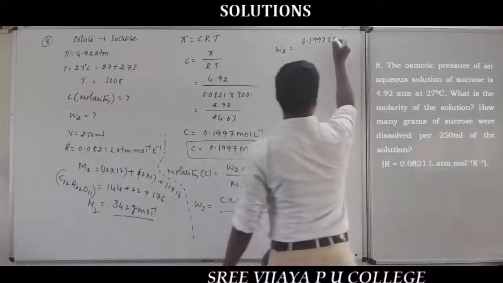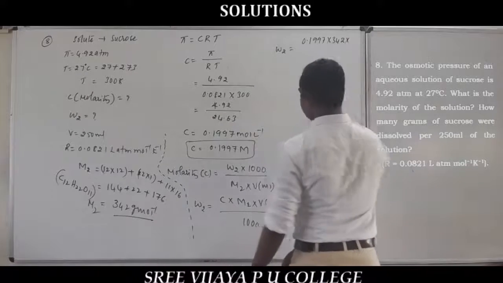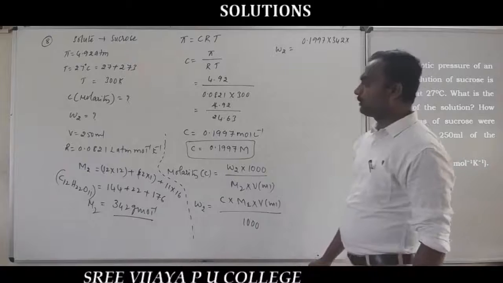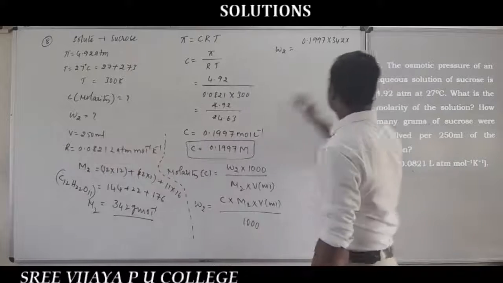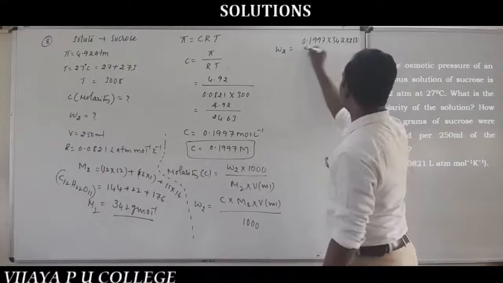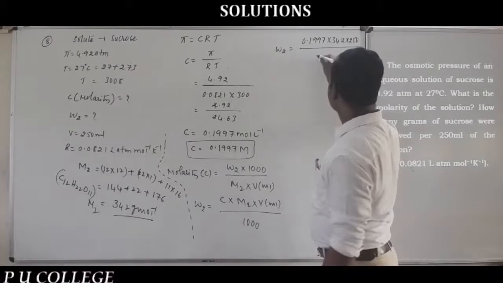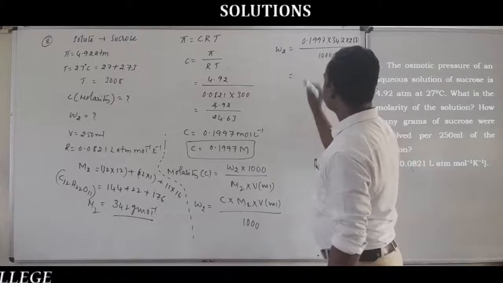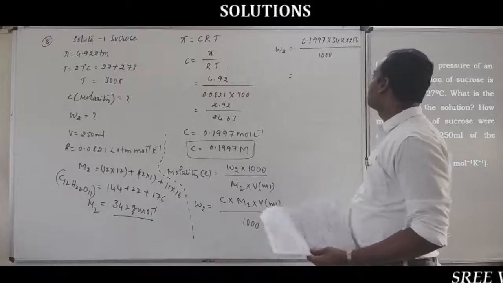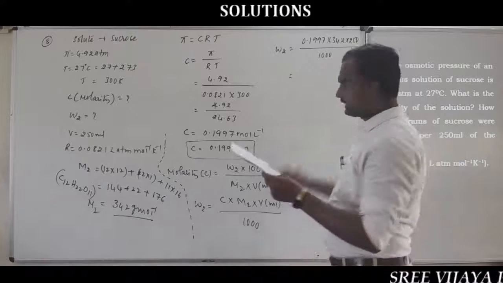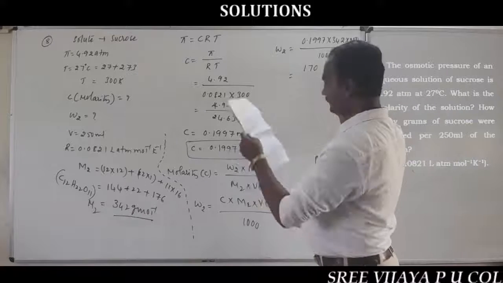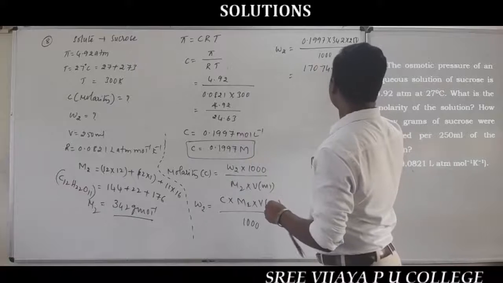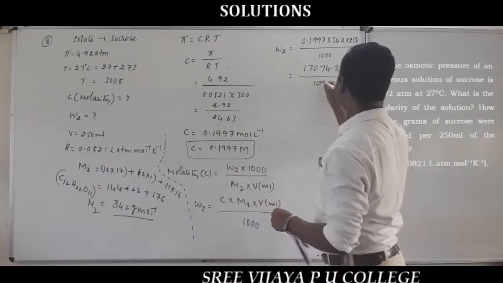Substitute the values: 342 into volume, which is given. Volume is 250 ml. So that is 250 divided by 1000. That is equal to 0.1997 into 342 into 250, so that is about 17,074.35 divided by 1000.